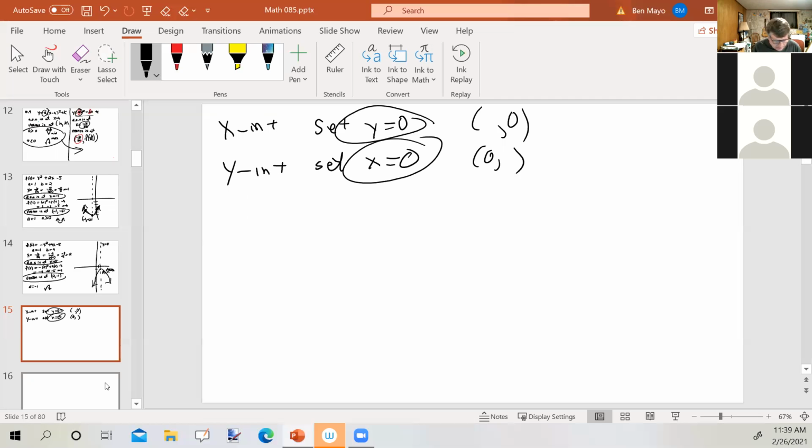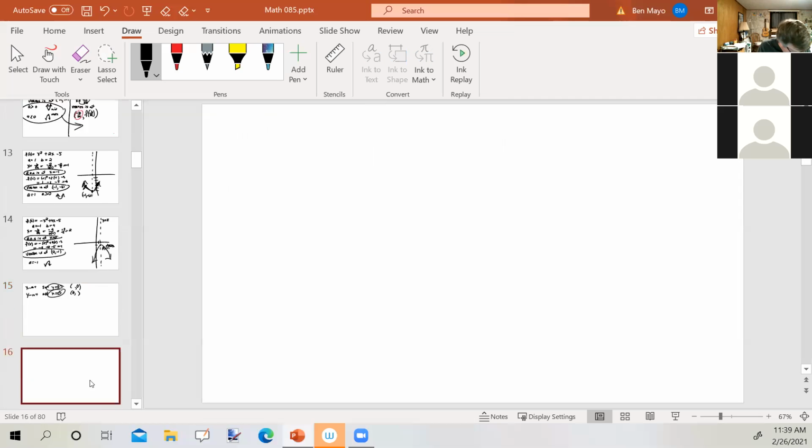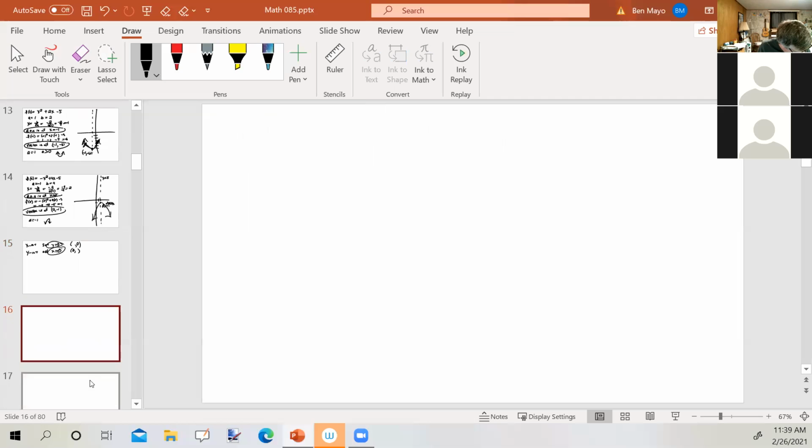All right, so let's take a look at some examples. Let's say we've got the function f of x equals x squared minus 2x minus 35. So to find x-intercepts, I'm going to set y equal to 0.